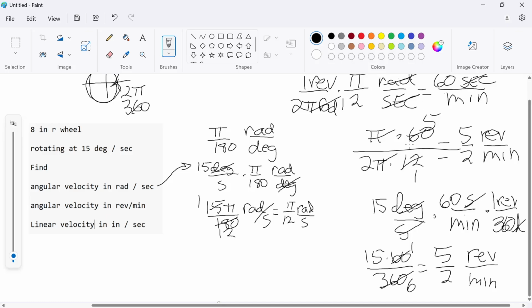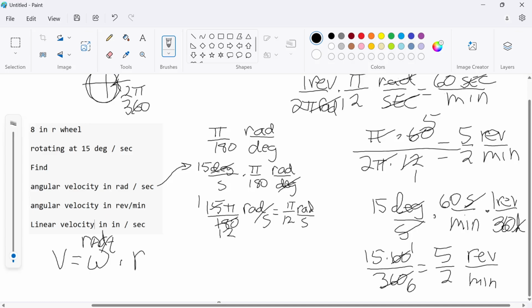Now to get the linear velocity, I must use angular velocity in radians. The linear velocity equals the angular velocity in radians per time times the radius. Don't worry about the units here.